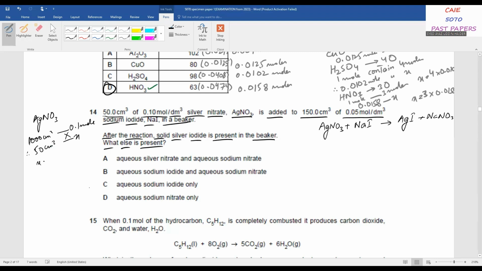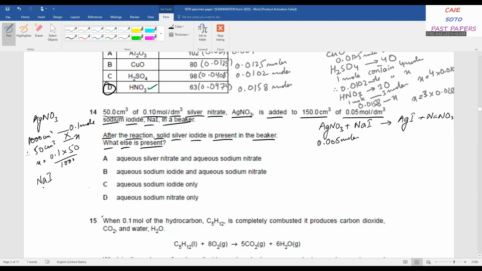So X is equal to 0.1 multiplied by 50 divided by 1000. The answer will be 0.005 moles of AgNO3.